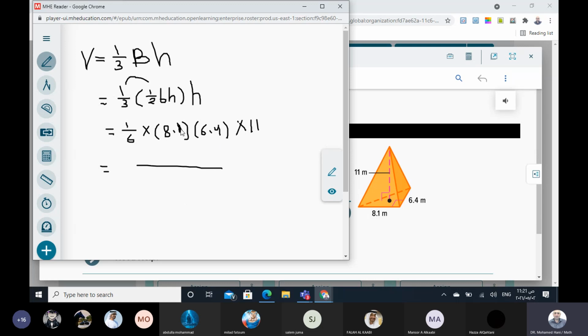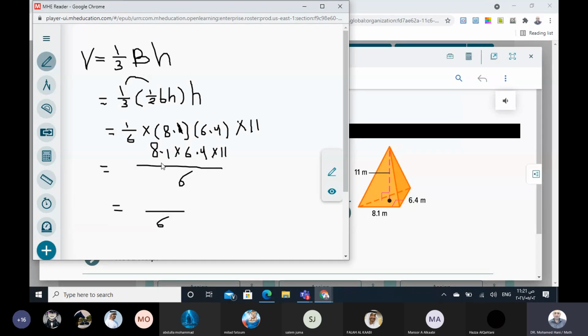Now 1 times 8.1, times 6.4, times 11, over 6. Now we can calculate: we have 8.1 times 6.4 times 11.